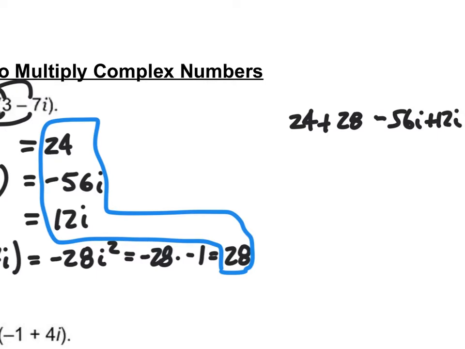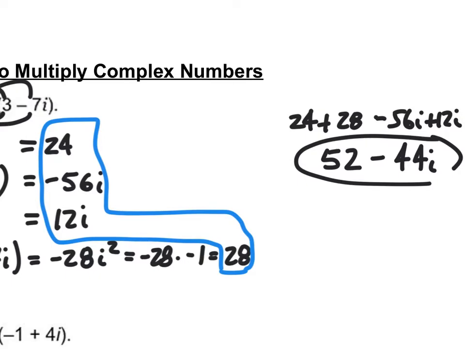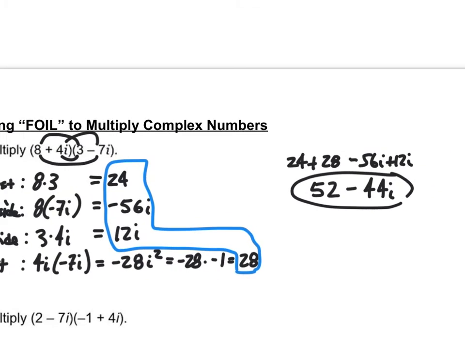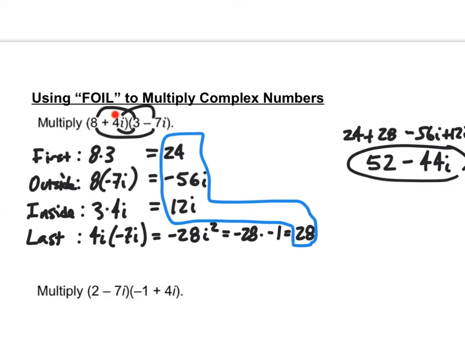If I do 24 plus 28, that's going to give me 52. And if I do negative 56 plus 12, that's going to give me negative 44i. And this is my new number. And that's the thing: when you multiply two complex numbers, you're going to get another complex number.